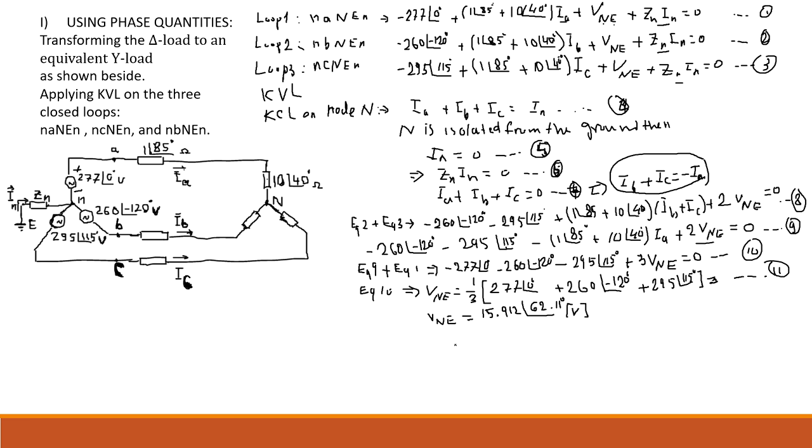This is the voltage between the neutral point of the generator and the earth. Voltage between the neutral and the earth.